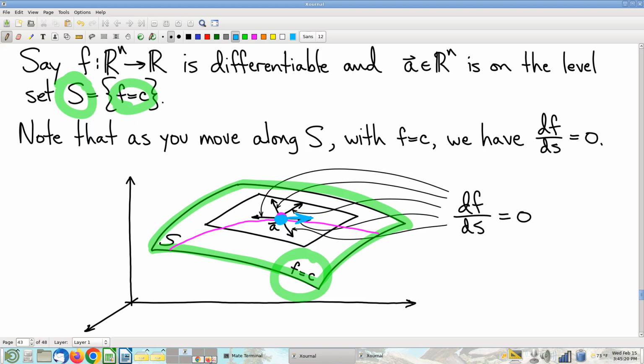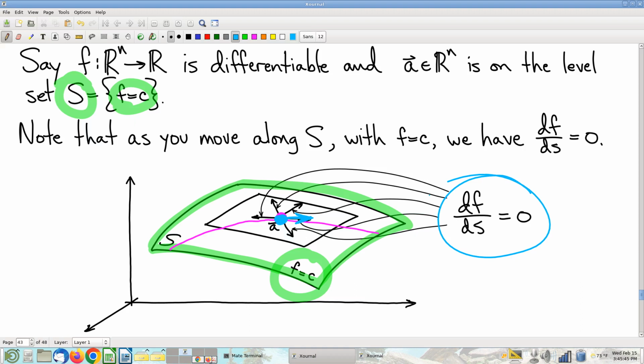If the function is constant as the ant crawls along this curve, and he's moving with that velocity, then I'm going to piece those together. As he's moving with this velocity, he's staying on this curve, and staying on this curve means the function is constant. So as he's moving in that direction, the function is not changing.